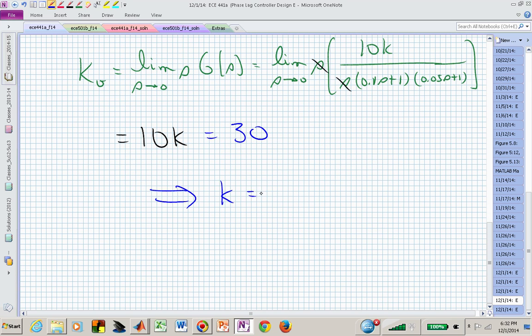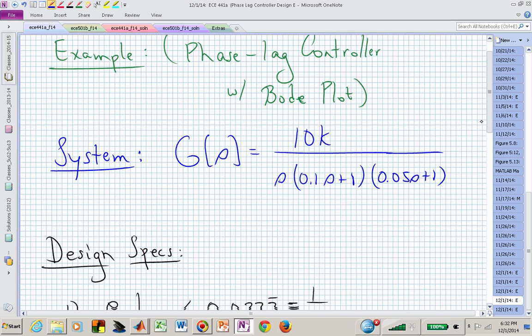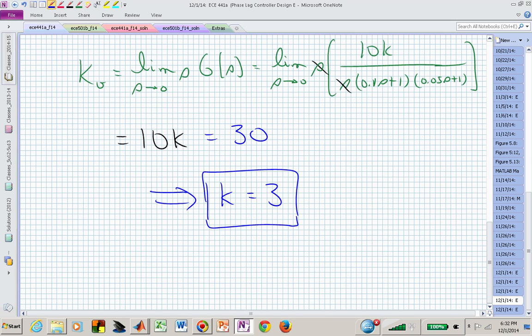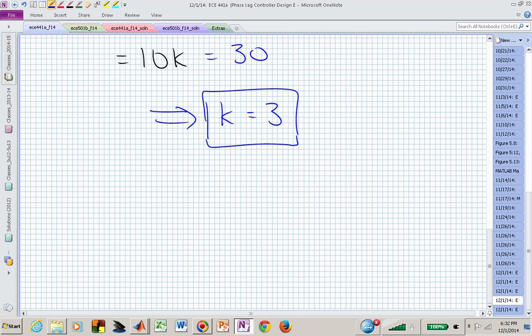Now we're saying let's go ahead and solve for K in our original plant that we started with. We now know that K is going to be 3. That's the very first step in our design procedure, finding the gain in our system if it's not yet specified. In this case it was not, and we can use that to adjust the low frequency behavior to satisfy our steady state error spec.